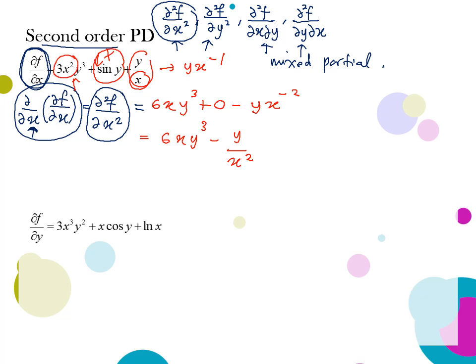Now you will differentiate the second derivative of y. Differentiate your first order of del f del y. You will get del squared f del y squared.